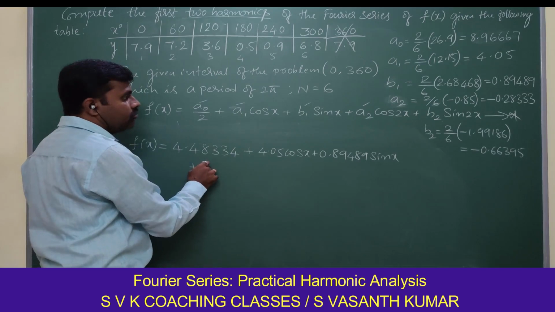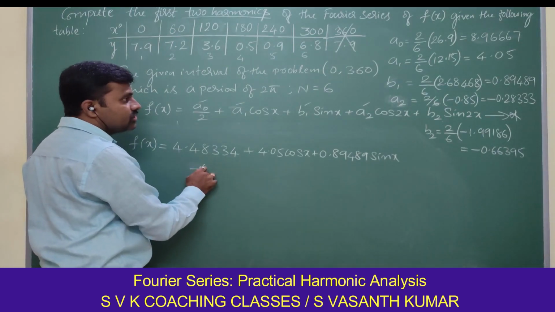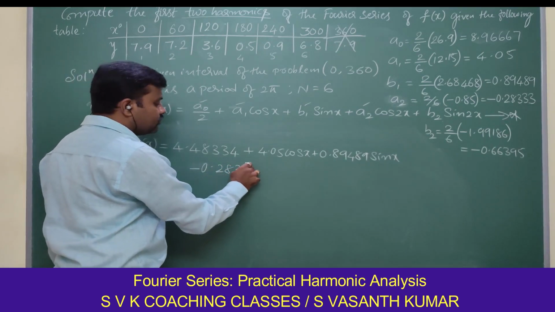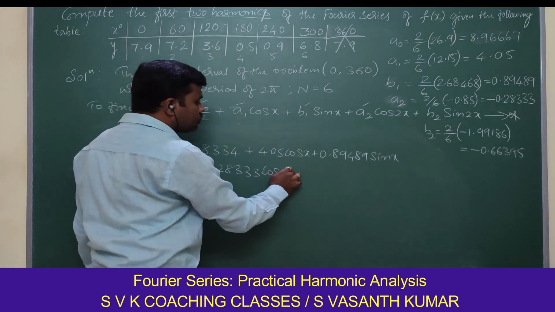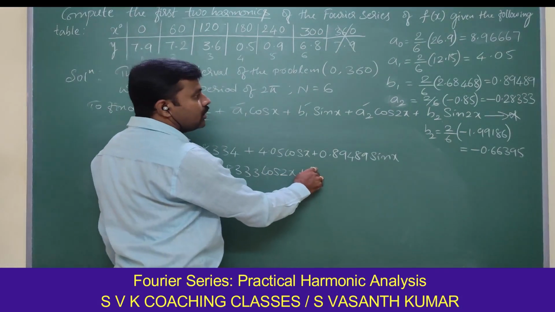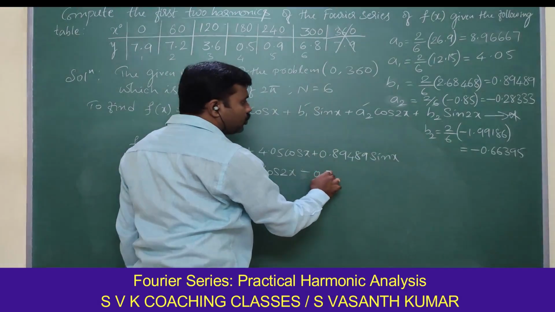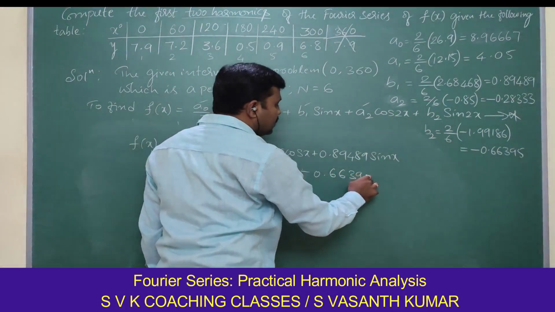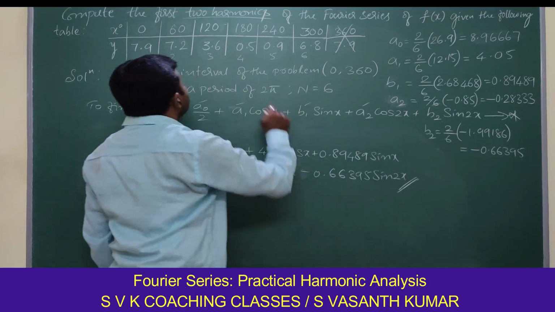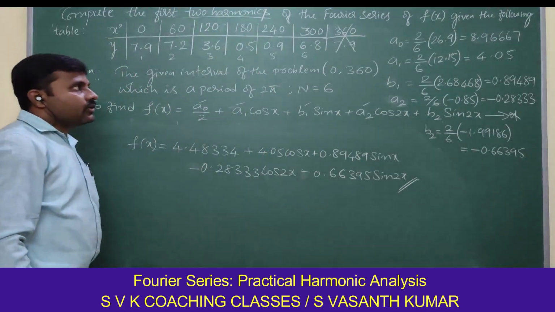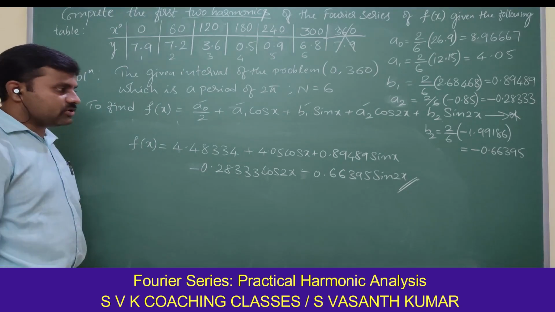A2 is negative, so plus into minus is minus 0.28333 cos 2x. Plus into minus is minus again, minus 0.66395 sin 2x, which is the required first two harmonics for the Fourier series of the given function.